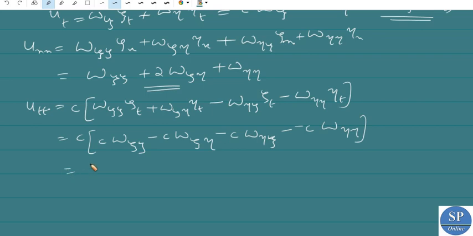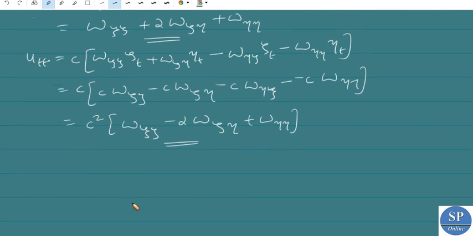So this is equal to, taking c outside, c square into w zeta zeta minus 2 into w zeta eta plus w eta eta. So this is utt. So applying these partial derivatives in our wave equation, we have equation number 1 implies utt minus c square into uxx equal to 0.